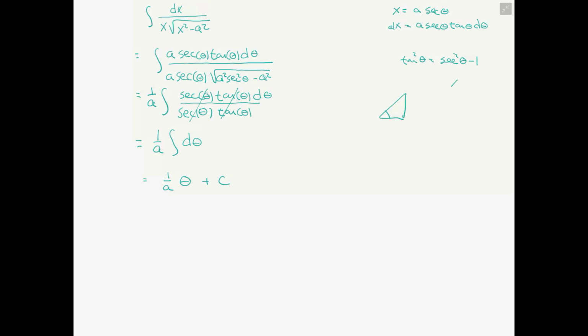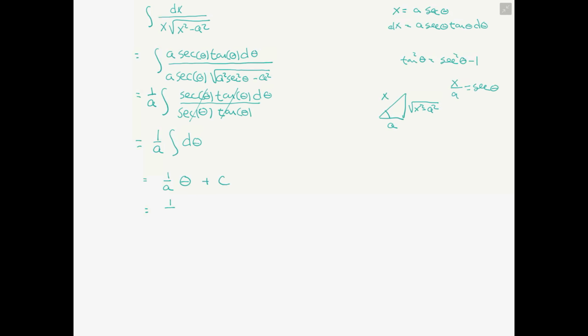And theta is x over a equals secant theta. So we got x squared minus a squared.